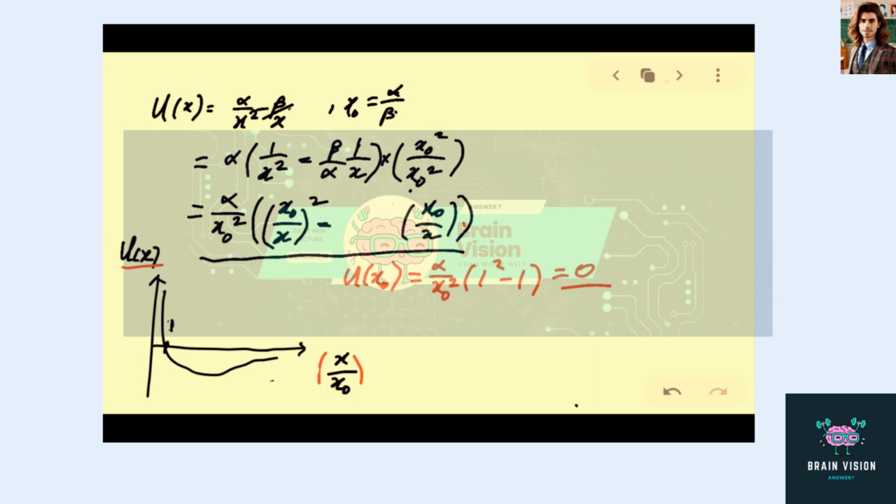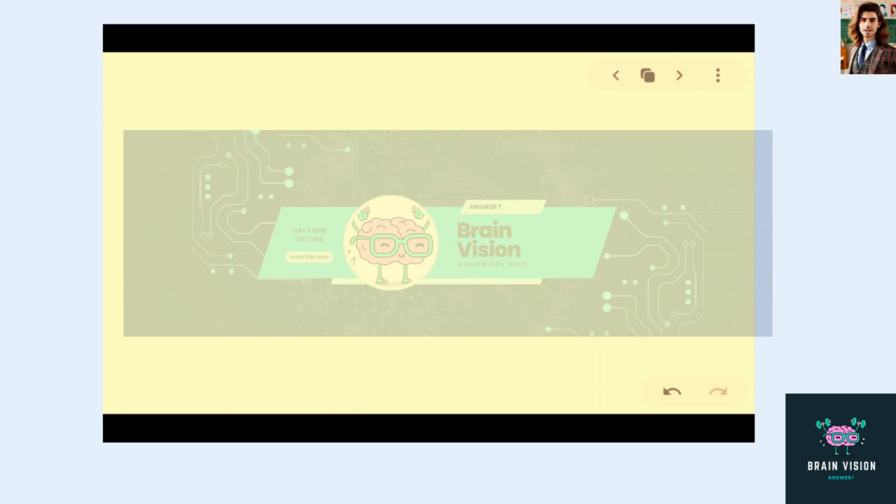Now we want to calculate the value of v, the speed of the proton. We know that speed can be calculated very easily from kinetic energy. But to find the kinetic energy, this will depend on the initial energy.